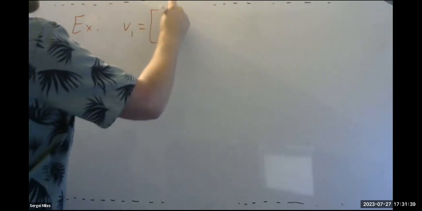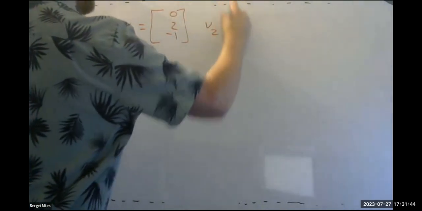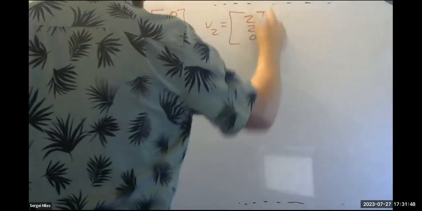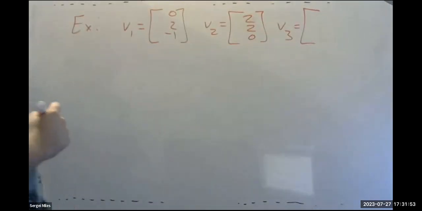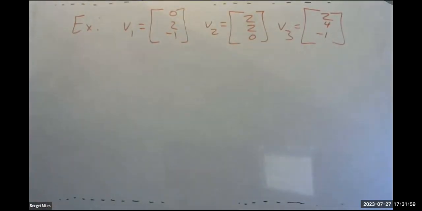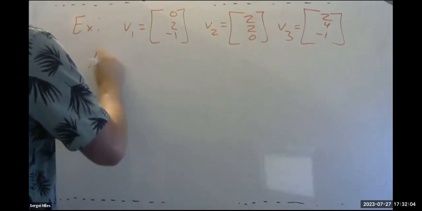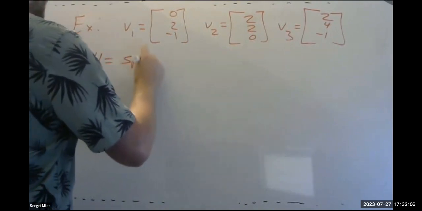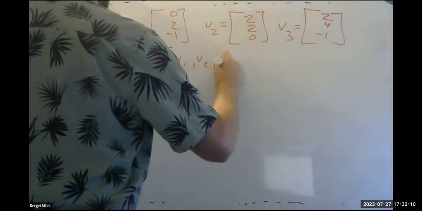V1 equals 0, 2, -1. V2 equals 2, 0, and let's say V3 equals 2, 4, -1. Right? I give you these three different vectors, and let's say that H equals the span of these three vectors.